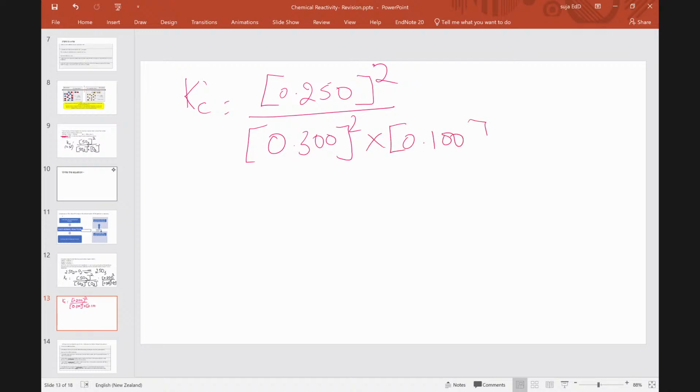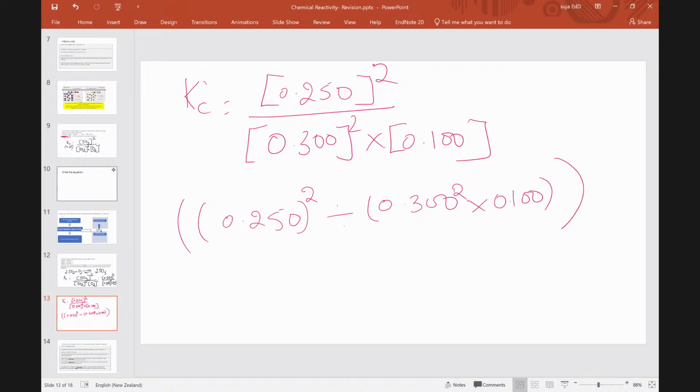So when I'm doing it on a graphic calculator or any calculator, what I would suggest is double brackets, 0.25 squared, divided by, 0.300 to the power of 2 times 0.100, close double bracket, and you will not make a mistake. This is the easiest way you can do it.